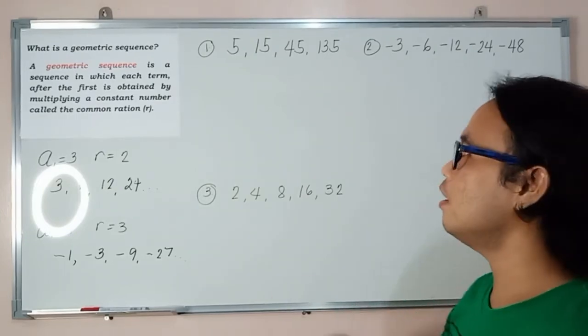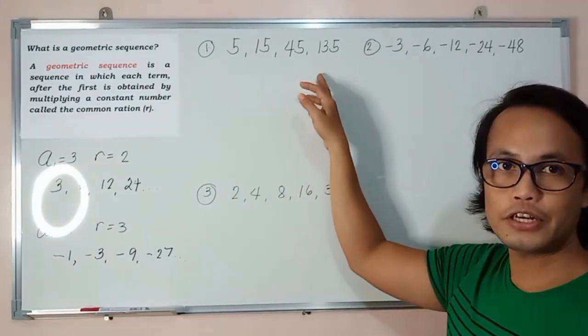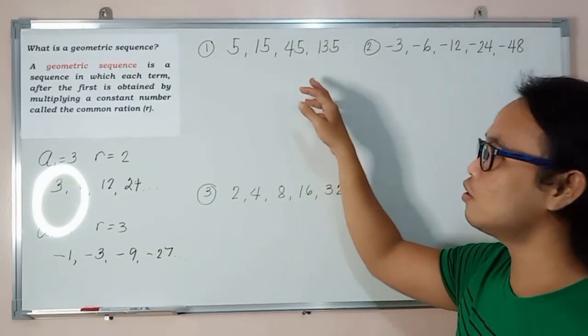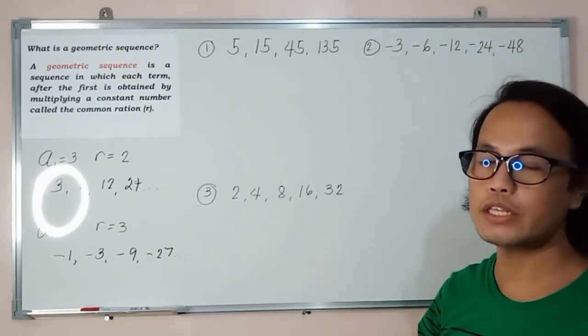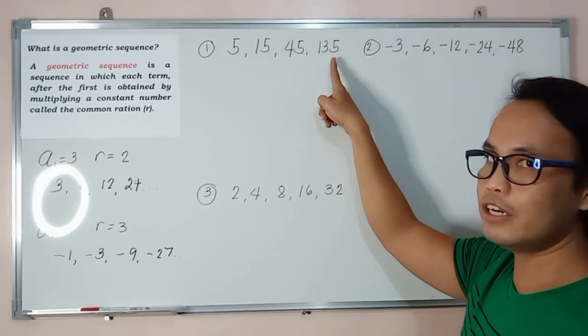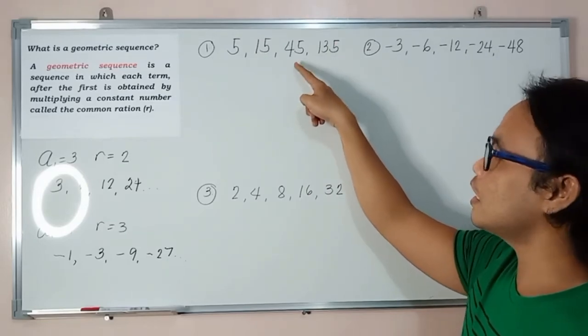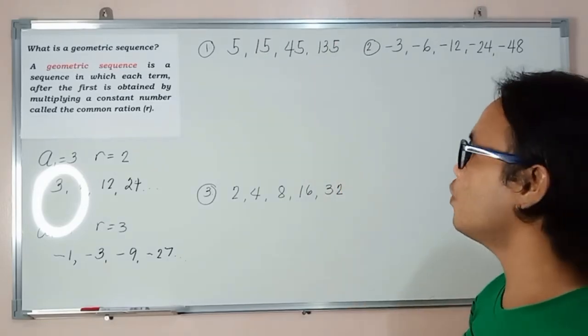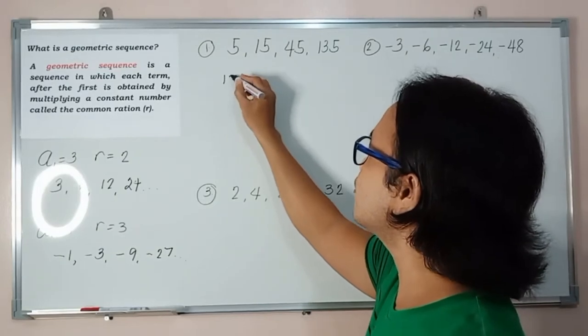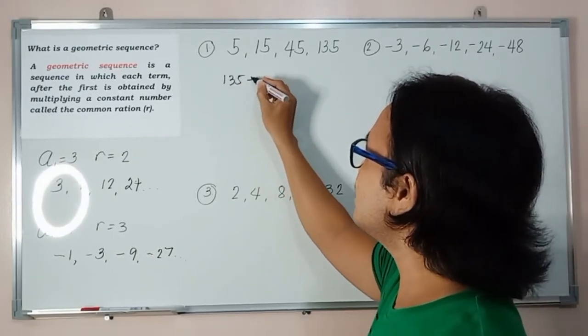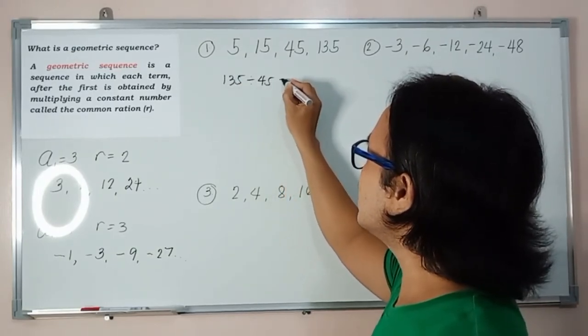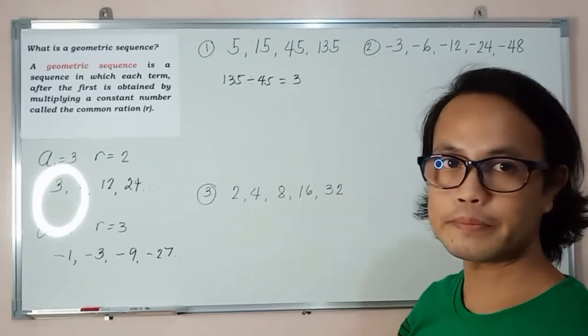For example, our last term is 135. So we will divide to get the common ratio for this sequence. We will divide 135 by the term preceding it, which is 45. So that will give us 135 divided by 45 is equal to 3.